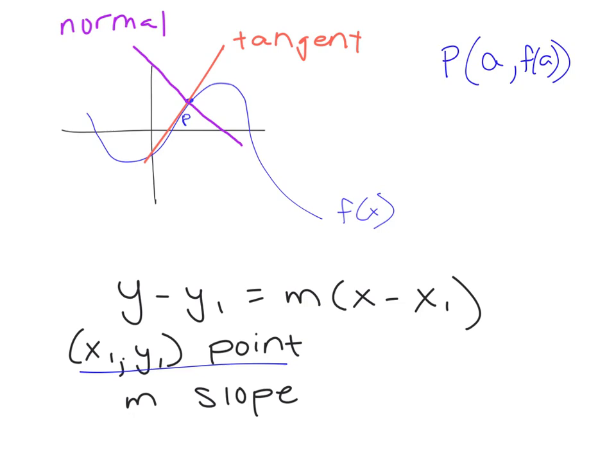For the slope, like we said, when we are looking at the tangent line, we can go ahead and use the first derivative. So if we find f prime of x, that will give us the slope at any point on f of x, but we want to know specifically the slope at point P. So we'll plug in our x value a, and that will give us the slope for our tangent line.